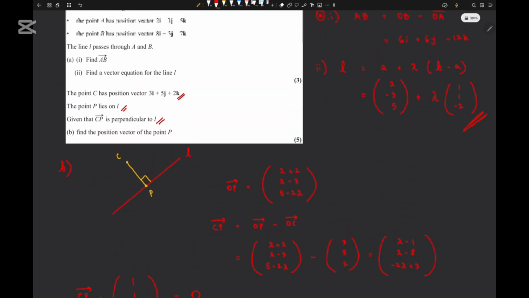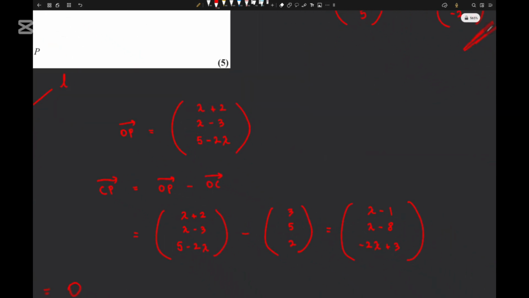Now in the question they have asked us to find out the position vector of P, so we need the OP vector. So if I substitute the value of lambda into this equation, I should get the OP vector. This should give us a value of 2.